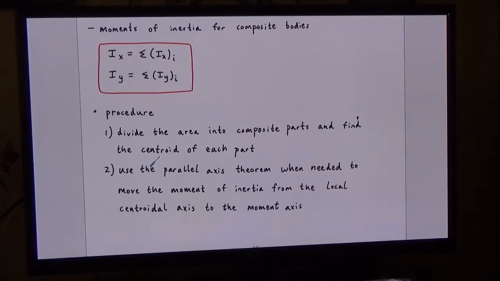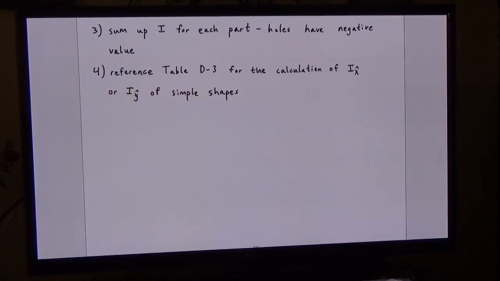Second, use the parallel axis theorem when needed and move the moment of inertia from the local centroidal axis to the moment axis. Third, sum up I for each part, remembering that holes have negative values. And then lastly, table D3 can be used for the calculation of I about x hat and I about y hat of the simple shapes.